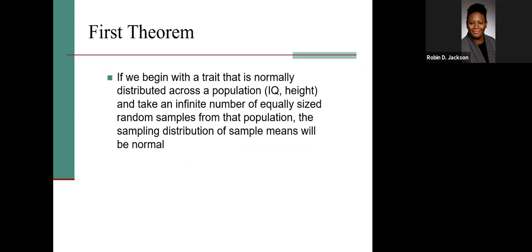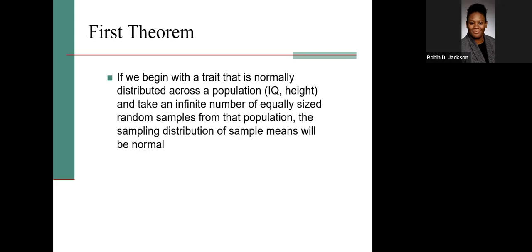So again, if we begin with a trait that is normally distributed across a population, for example, IQ, I also added height to the example. And then if you take an infinite number of equal sized random samples from that population, then the sampling distribution of sample means will be normal. Okay, so basically, if you start off with a trait that's typically normally distributed across the population, and you take an infinite number of equally sized random samples.